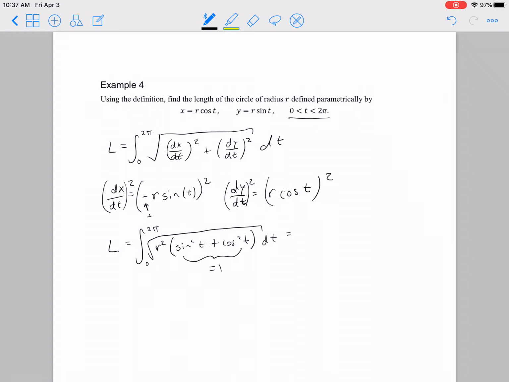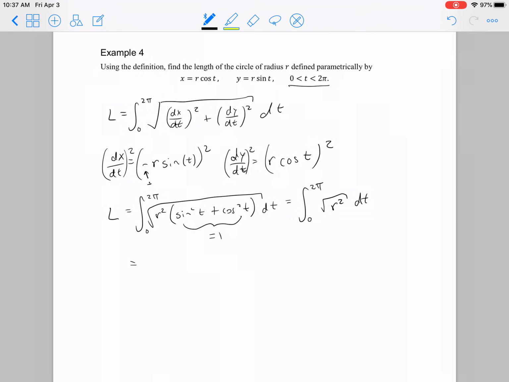And so this will equal the integral from 0 to 2 pi of the square root of r squared dt, which then when we actually do the integral, when you take the square root of r squared, the r can come out front, and we have r times essentially just the integral of 1, which is t, from 0 to 2 pi, and this will be 2 pi r.